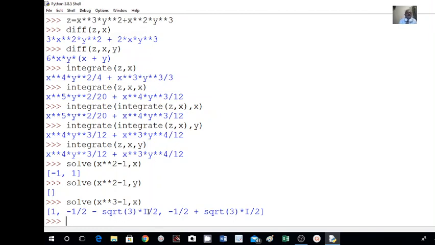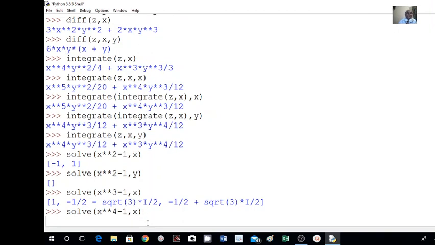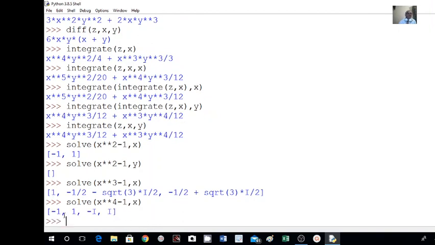That is I, it is given as capital I. Now if you go for x raised to 4 minus 1, fourth roots of unity, in terms of x, the solution is 1, minus 1, I, minus I. Let me enter. I am getting minus 1, plus 1, minus I, plus I.